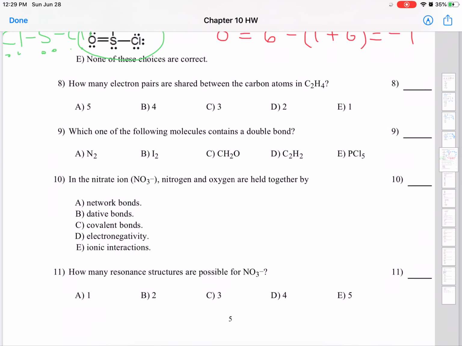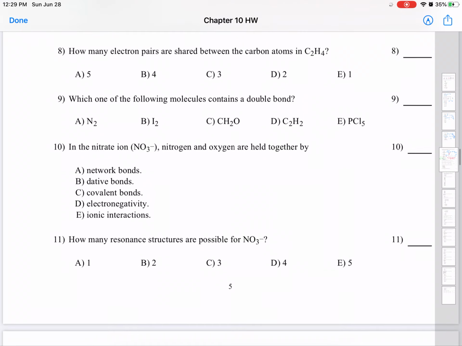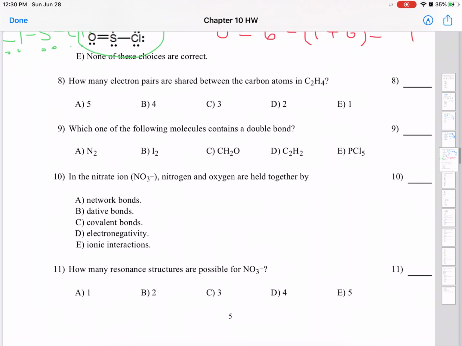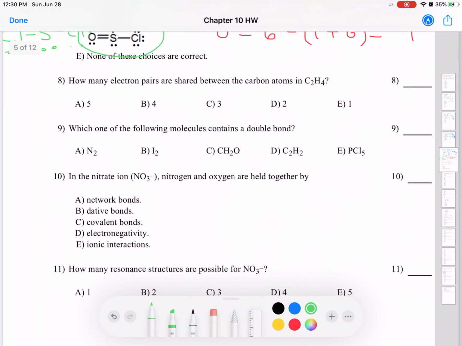Number 8. How many electron pairs are shared between the carbon atoms in C2H4? Now we need to know how to draw the structure for C2H4. So there are two carbons, there are four hydrogens. If you draw the Lewis structure, you put the atoms symmetrically and then you draw the skeleton structure.